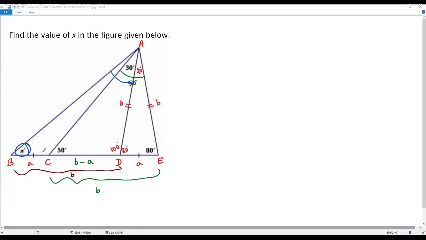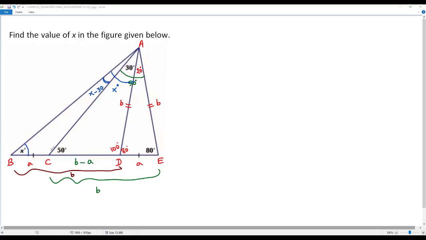Since the measure of this interior angle is x degrees, the measure of this interior angle is also x degrees. And already we know that the measure of this angle is 30 degrees. Then what is the measure of this part? To get it, we have to subtract 30 from x degrees. Then we get x minus 30 as the measure for this part.